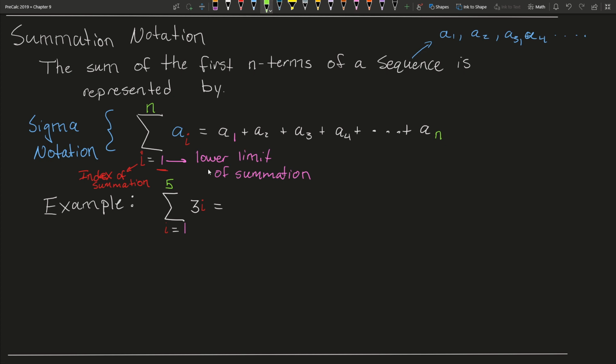And then this n is the upper limit. Okay, so what this entire thing says is to take the sum of the sequence a from i equals 1 all the way up to i equals n.